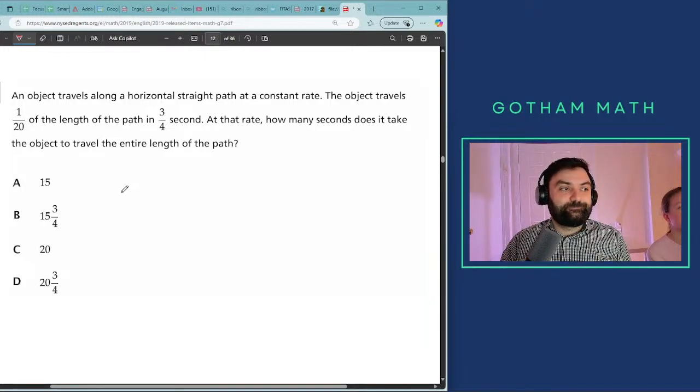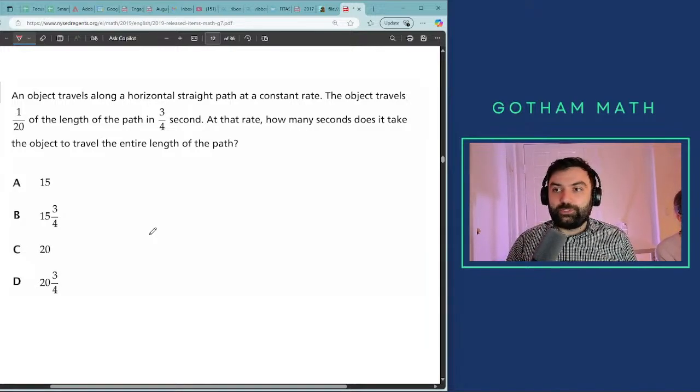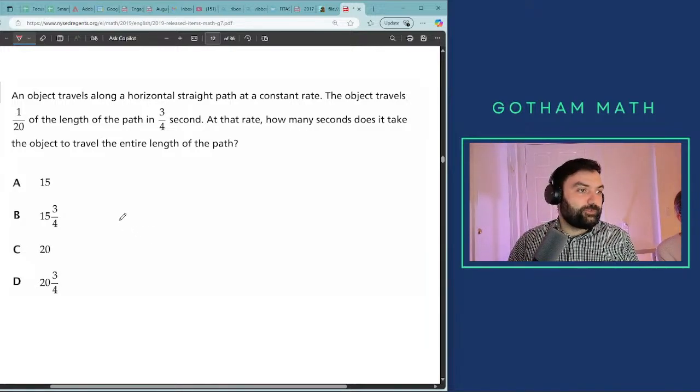Well, okay, so there are many ways of doing it. For myself, the most obvious way to do it is to do a proportion, because proportion will never fail. So how do we set it up?